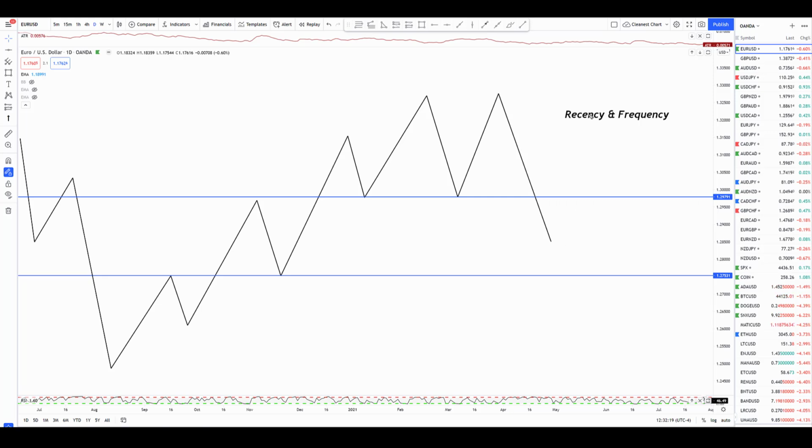Now that we have recency covered, we want to ask ourselves, have these levels been tested multiple times? If they have not, then I don't look for trades at them. If they have been tested multiple times, then I consider trading opportunities at these levels. So this level we can see has been tested multiple times, correct? Now this level, has it been tested multiple times?